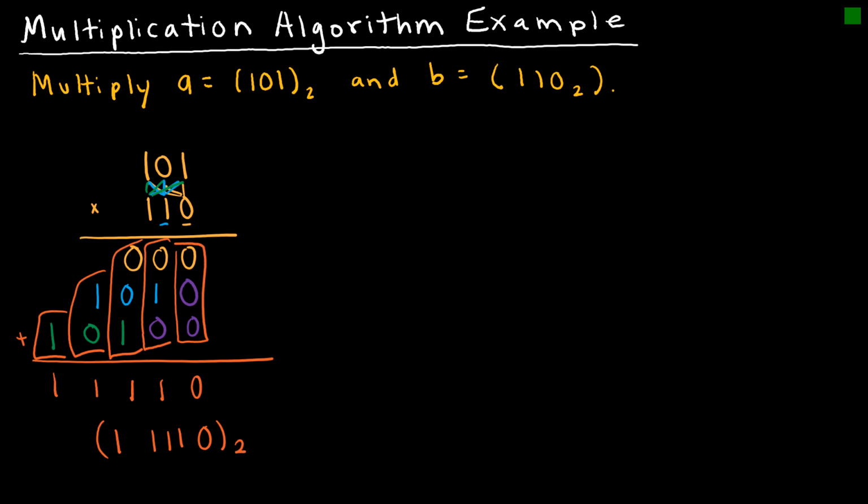So the algorithm says you're going to take A and you're going to multiply it by the rightmost value of B. And so just as we did before, A is 101 base 2, and I'm multiplying that by the rightmost value of B, which is 0.